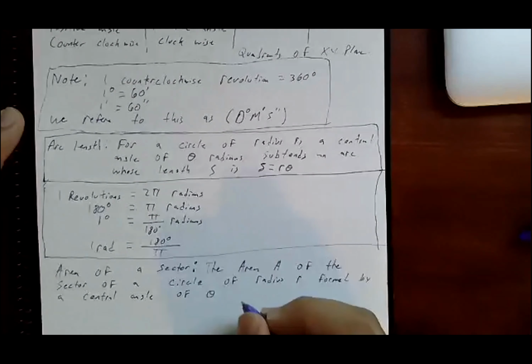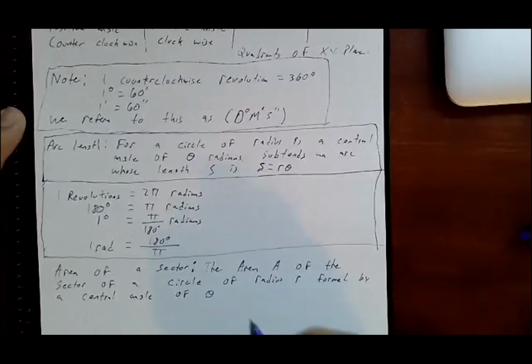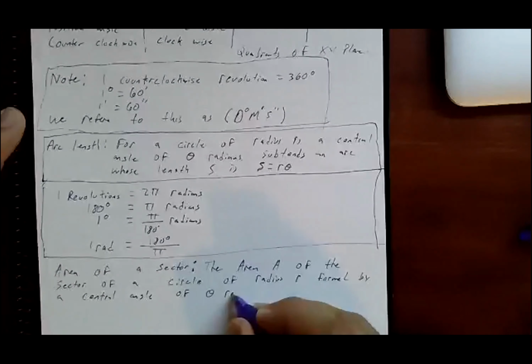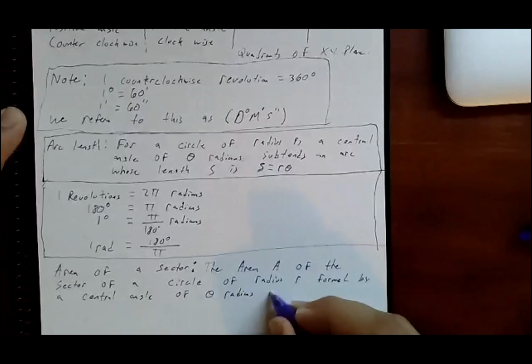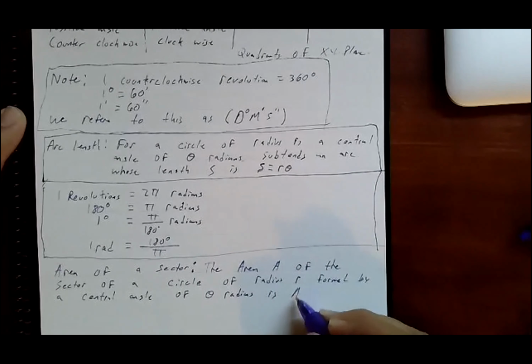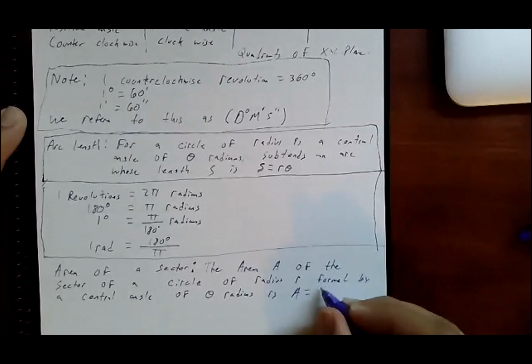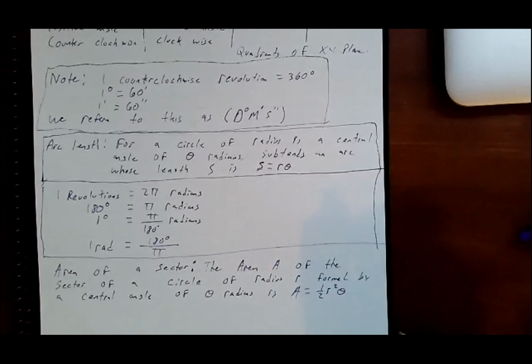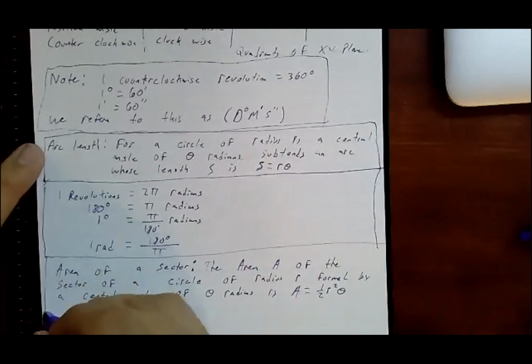So again, if they ask for area, theta needs to be in radians. Your angle needs to be in radians. Is the following formula. So A is equal to 1/2 r squared theta.